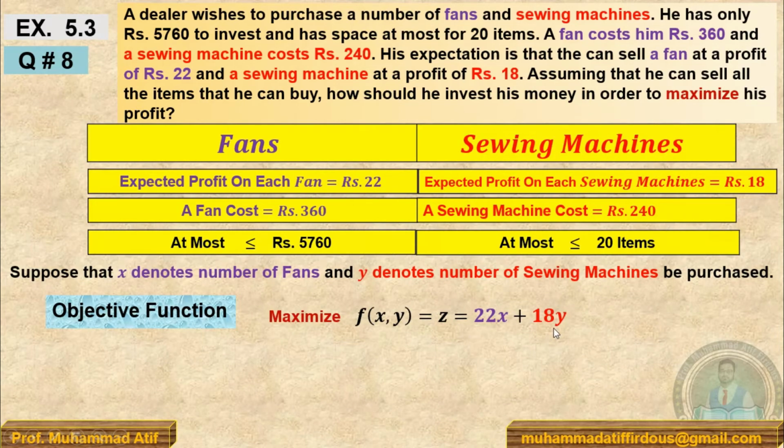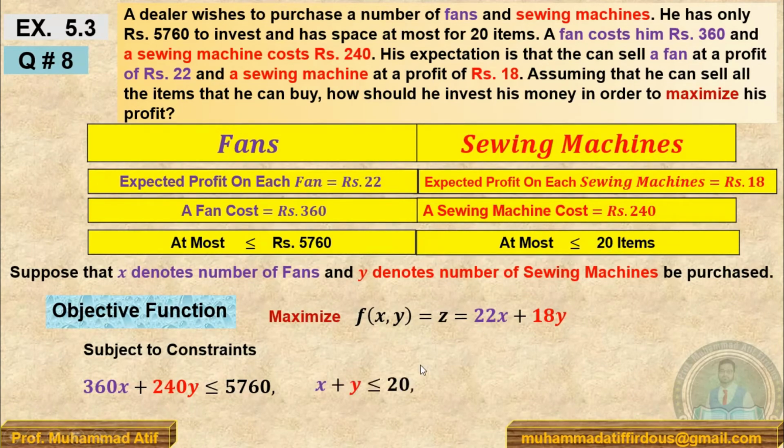So we have 22x plus 18y subject to constraints, and what are the constraints? 360x plus 240y is less than or equal to 5,760, meaning he has only 5,760 rupees in order to purchase this. And the second condition, he has space for 20 items, meaning x plus y is less than or equal to 20. And the third one is x is greater than or equal to 0, and the fourth one is y is greater than or equal to 0.